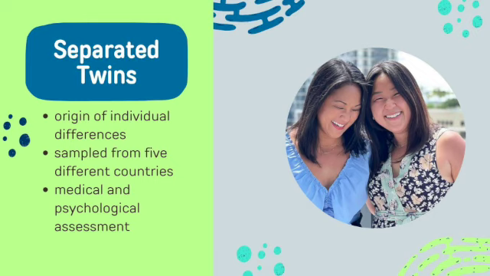And so the Minnesota study of twins reared apart really focused on identical twins who were separated at birth or very, very early on in their lives, and then they grew up apart in different environments.